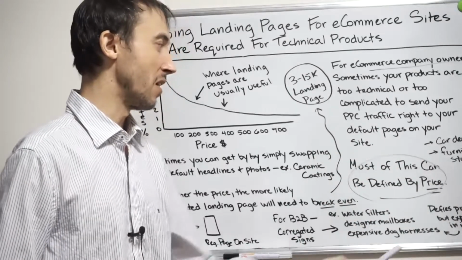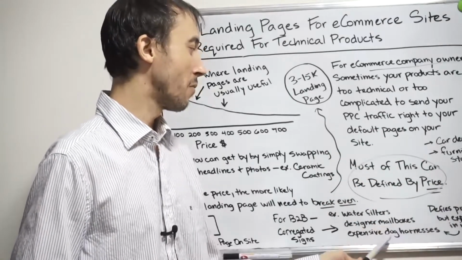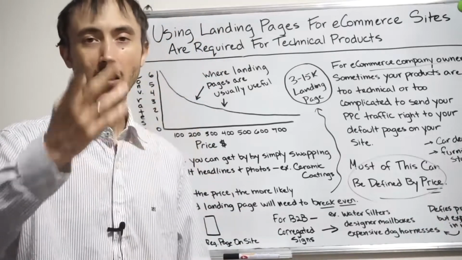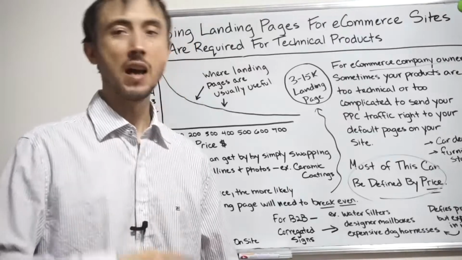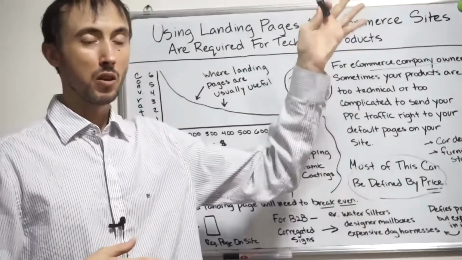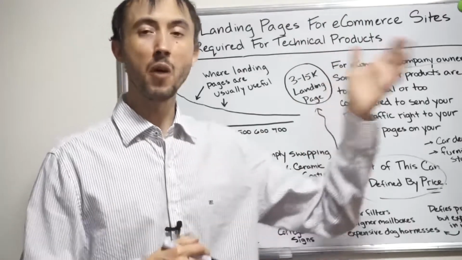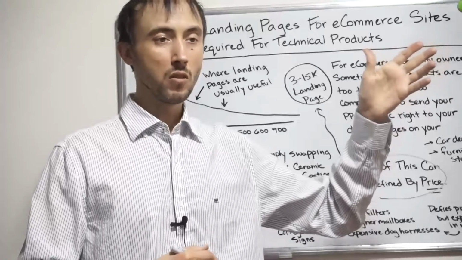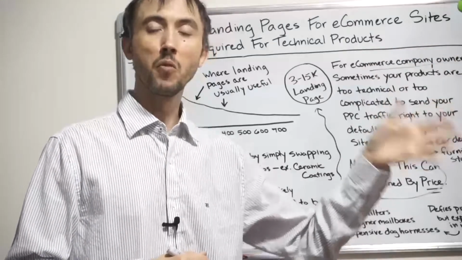Really realistically. But yeah, this particular product defied the price rule that I gave you, where if you're over like $400 or whatever, you pretty much always have to have a landing page to really get into the details of explaining to the user why, in the market that you're in, there are certain things you need to know before you buy a product.